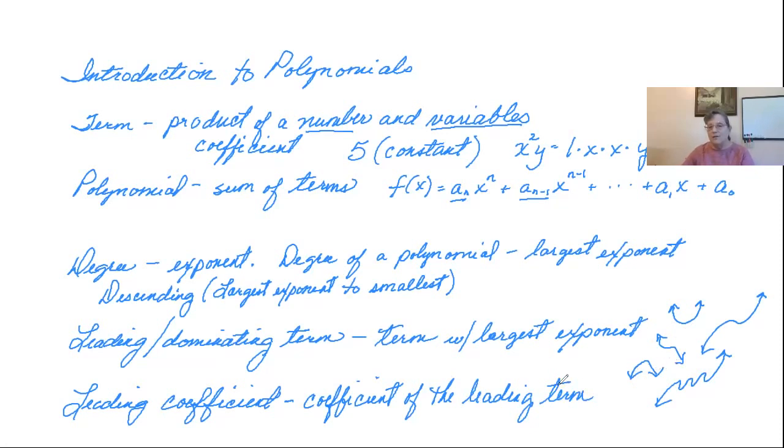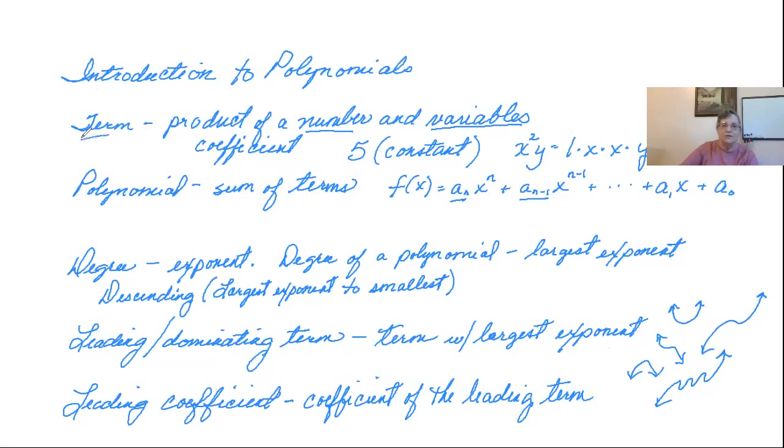Remember when we talked about reflecting, multiplying by a positive made it go up, a negative made it go down. A negative would reflect it across the x-axis or possibly around the y-axis. That has to do with the leading coefficient.